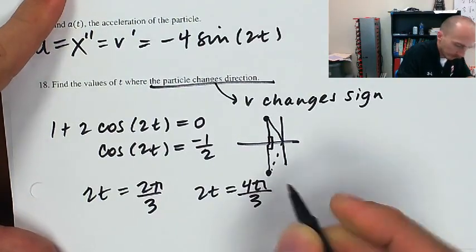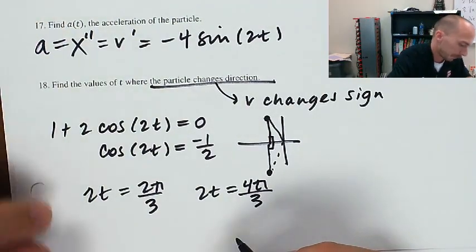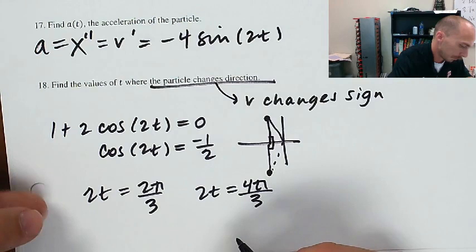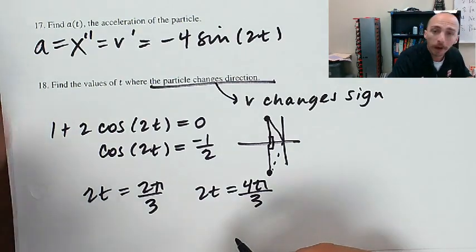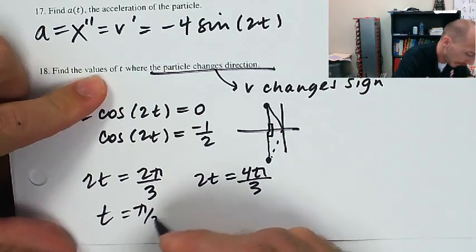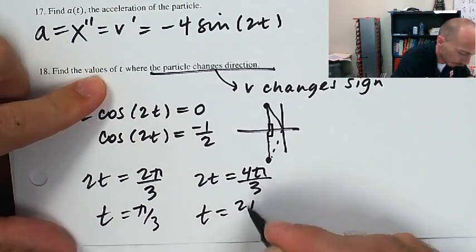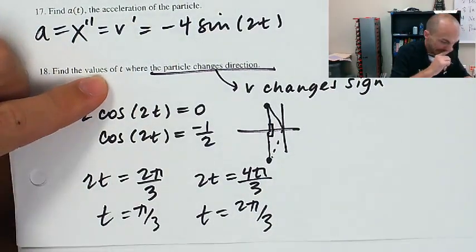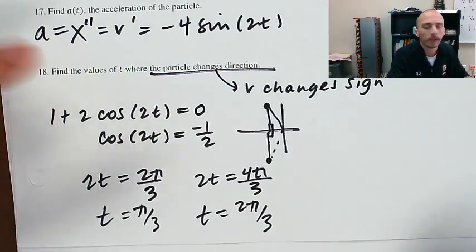Oops. All right. I don't know why I was freezing up on that, the last step of the last problem. That's going to be t is pi divided by 3, and t is 2 pi divided by 3. Okay, these are the zeros.